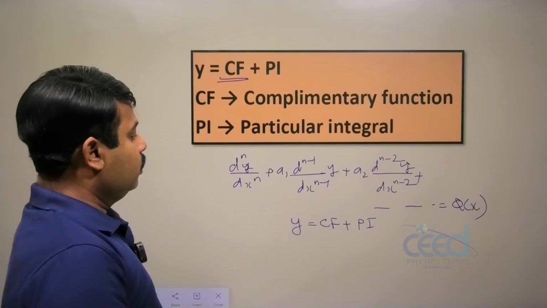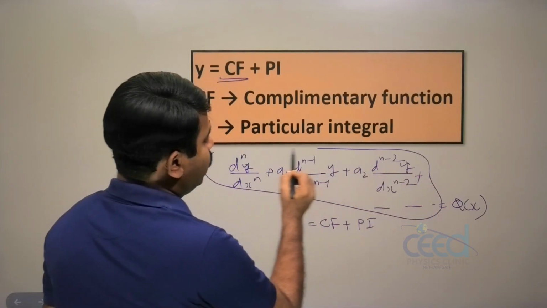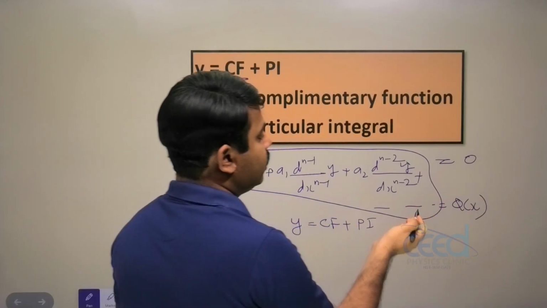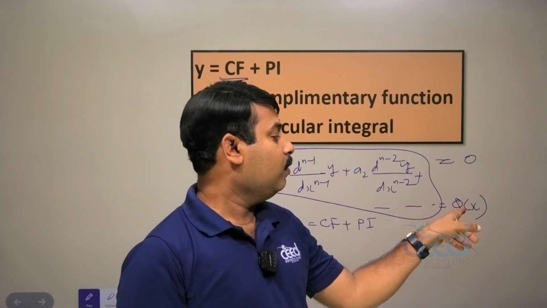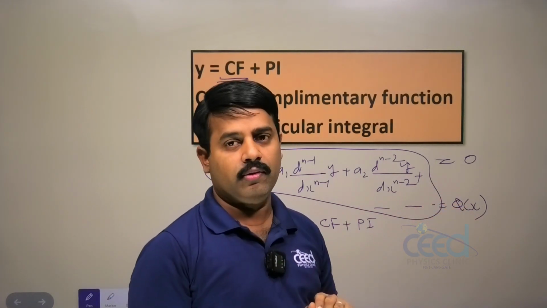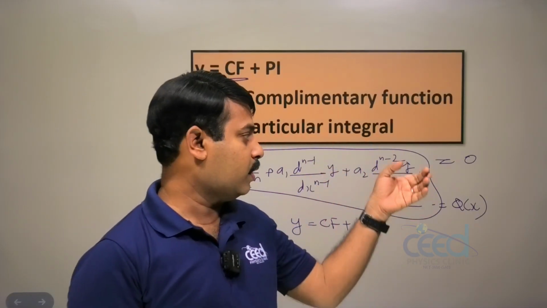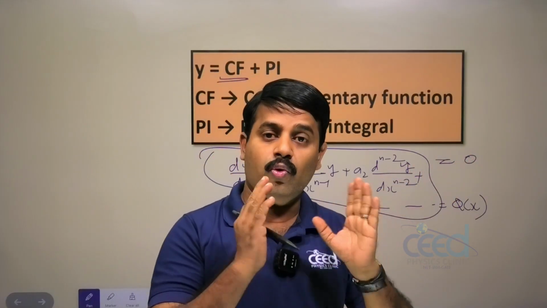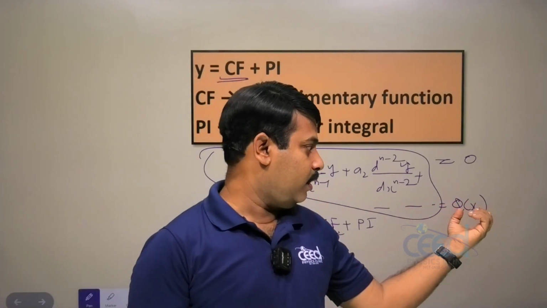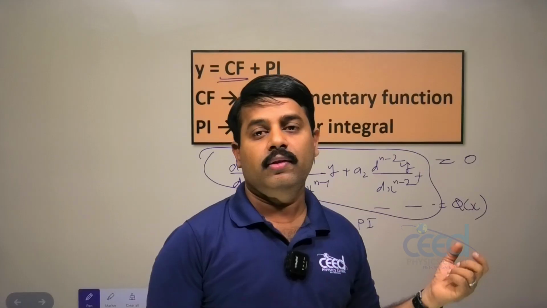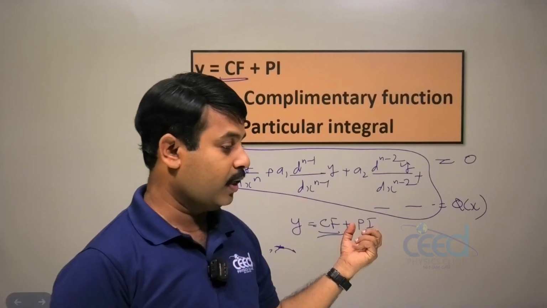Suppose you equate the left side part to 0, then you get one solution, that is the complementary function. Then by considering the right hand side part, we get another solution, that is the particular integral.